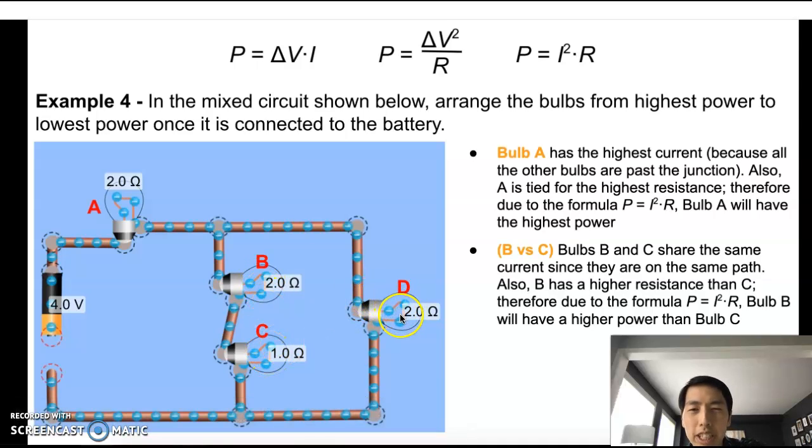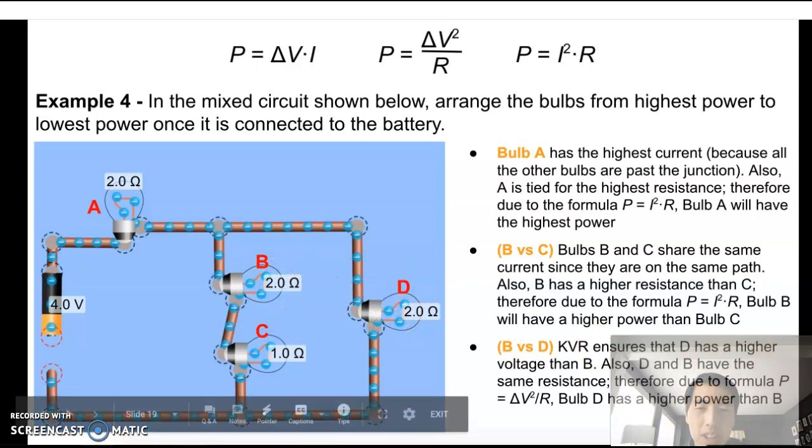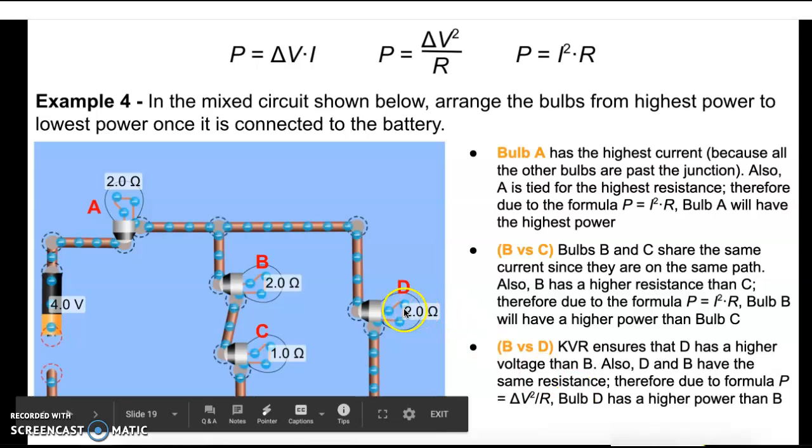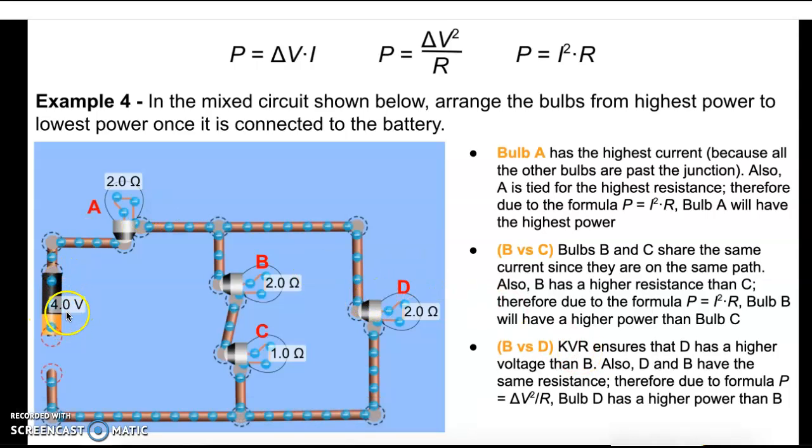Now what about bulb D? Well, bulb D, I'm going to make a comparison to bulb B because they have equal resistances. And it turns out that bulb D has a higher voltage because of KVL. So looking at voltage, I got 4 volts coming out of the battery.